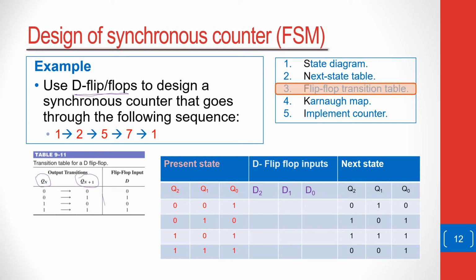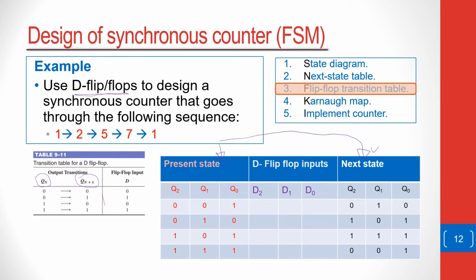Remember we have determined that if this is the present state, then the matching next state will be that. Now what we do from here is determine what the inputs should be, based on the present state, so that we can get the next state as this.